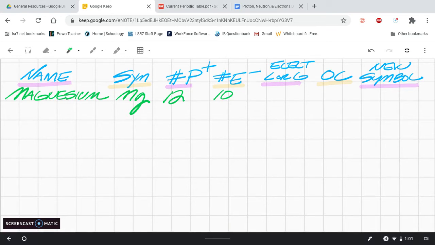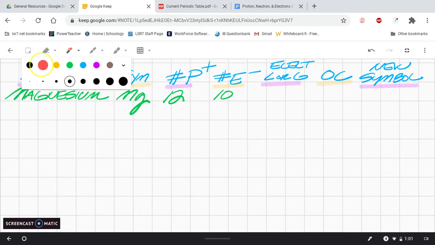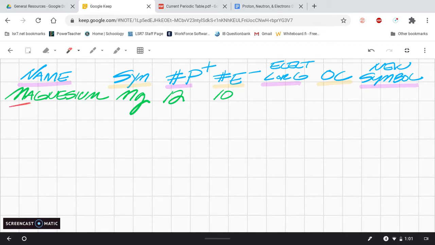That's normal. That's called an atom. This is not an atom because the numbers are going to be different. And so what we have here is what we call an ion, all right? It's an ion because the protons and the electrons are not going to be the same.